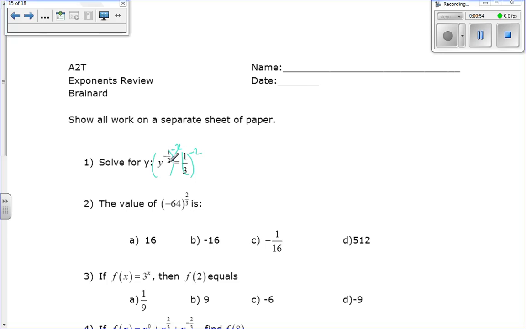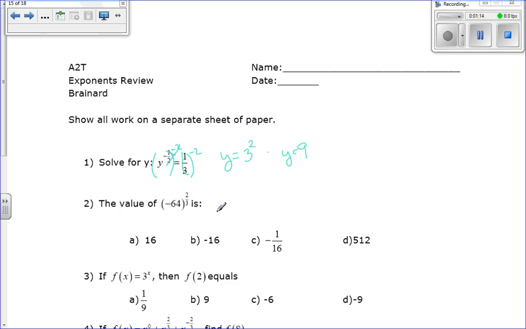Both sides. On the left, everything will cancel out, so we'll have y equals, and I have a negative exponent. I flip what's inside the parentheses, make my exponent positive. So y equals 9.